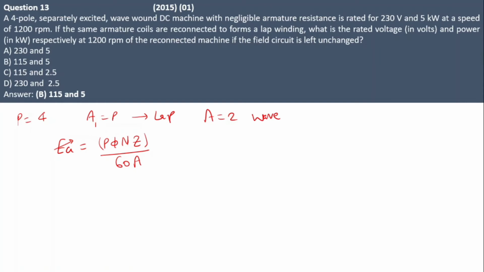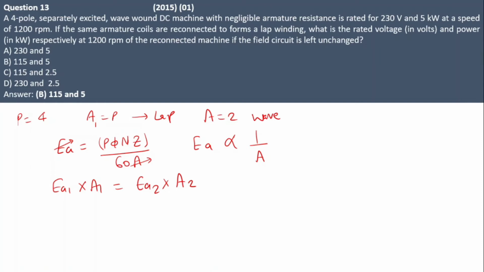All this is constant, you are varying only the A. So you can say EA is directly proportional to 1 by A, or EA1 into A1 equal to EA2 into A2.